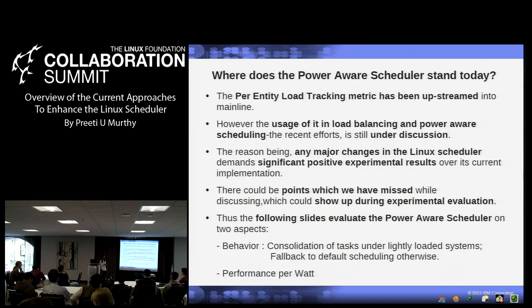They would like very good experimental results to back it up. They would not want any regressions in the scheduler, and to evaluate whether any regressions will happen, scheduling is such a complex giant that you would have to run a lot of workloads on a variety of platforms in different scenarios to completely convince people that we are not causing any regressions.